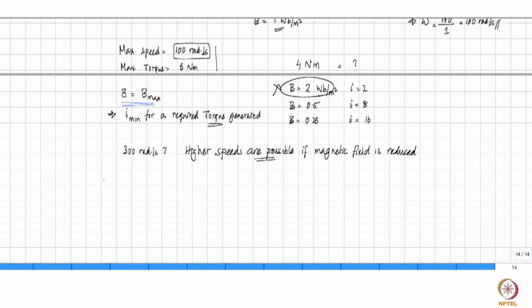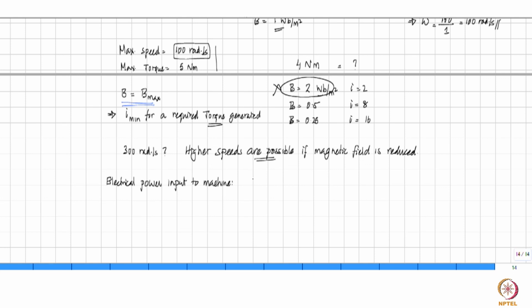However, if you look at electrical power input to the machine, how do you determine that?